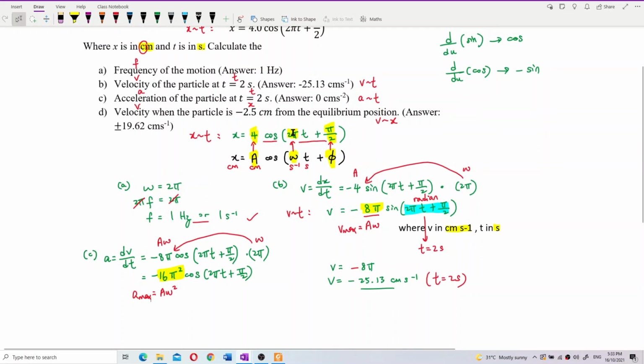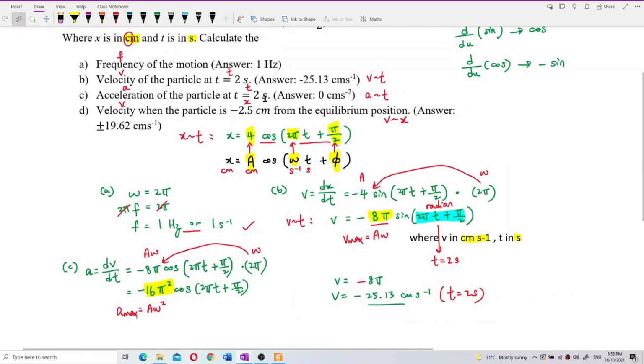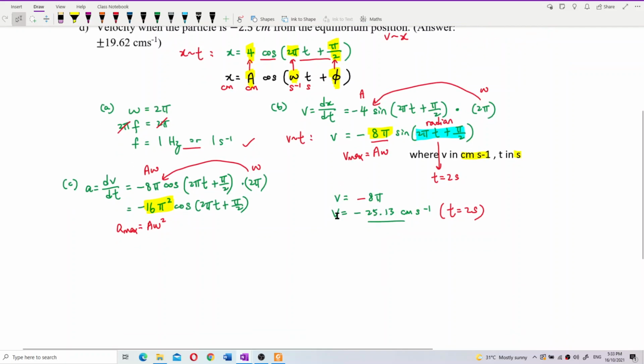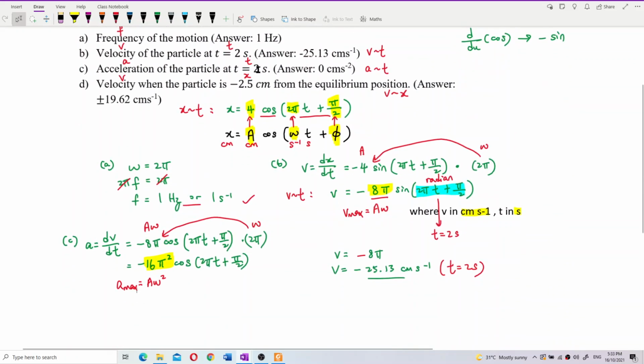Okay, now I want to find the acceleration at 2 seconds. So I substitute the time. I already have the acceleration versus time equation. What I need to do now is substitute the time with 2 seconds.